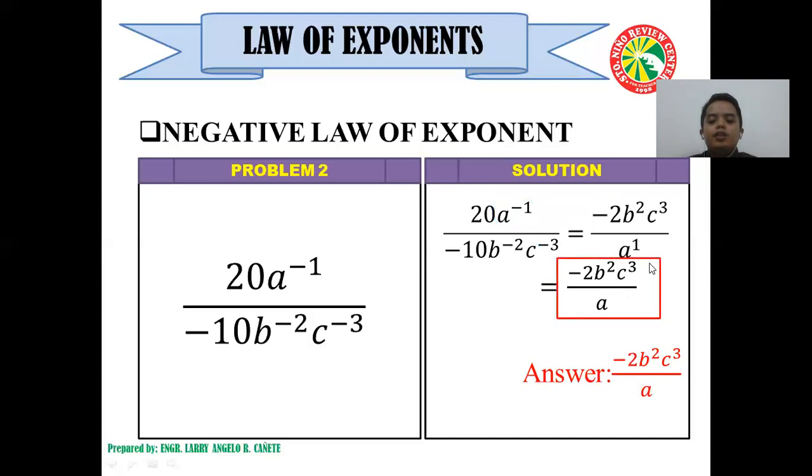This is now your final answer because you cannot divide b by a and c by a. And you cannot also divide the constant negative 2 by a. So this is now your simplified answer, which is negative 2b squared c cubed all over a. So this one goes down, and these two go up. It involves case 1 and case 2. Okay? So the final answer is this.